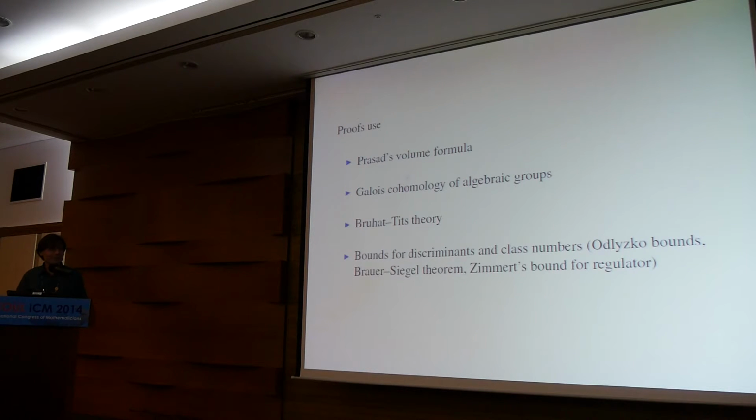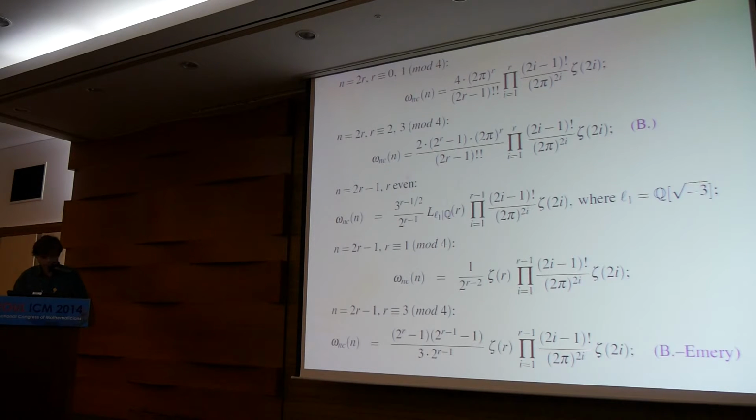So there were some surprises which this procedure gave, but at the end one has to prove that it's the optimal example, and the proof uses machinery from number theory, like various discriminant bounds, regulators and so on. Okay, now let me remind you the formulas. These are here.